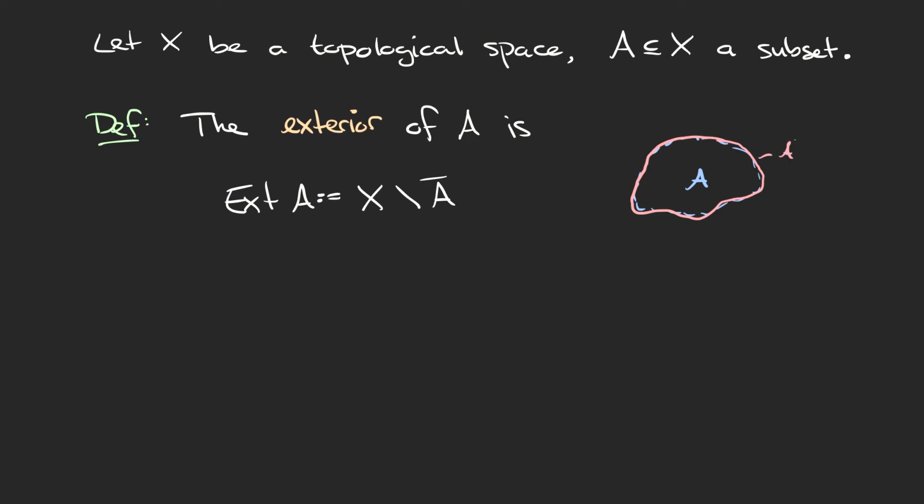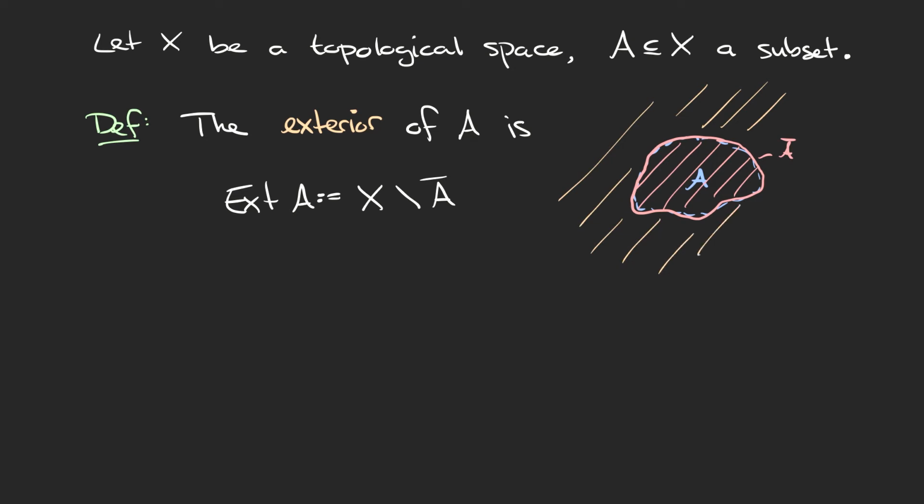So this red thing is the closure of A. And now the exterior of A is the complement of this closure. So just to be clear, the closure includes all of this shaded region. And now the complement would be anything that's outside. And that's the exterior of A. Notice that because the closure of A is a closed set, its complement, the exterior, is an open set.